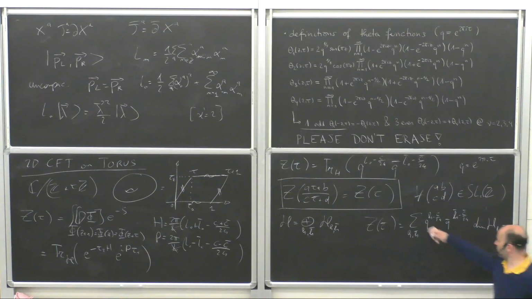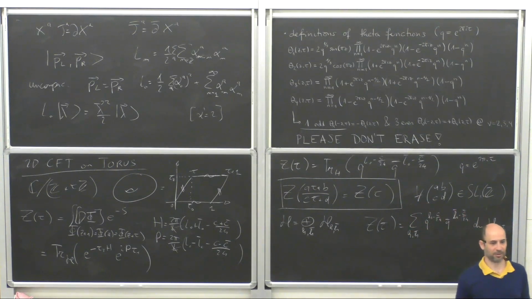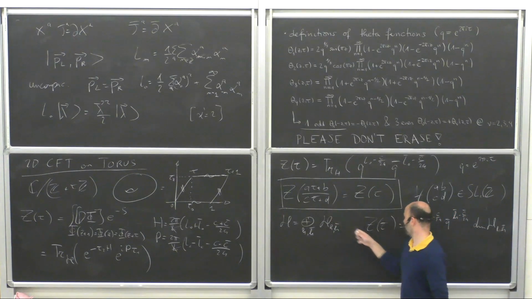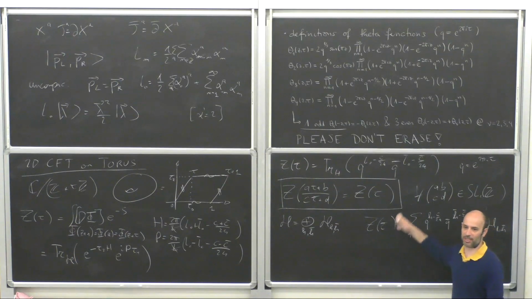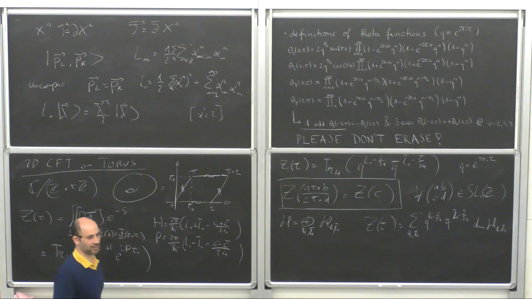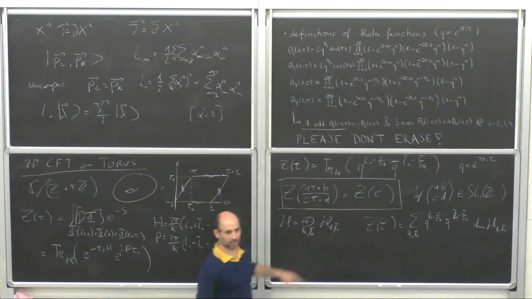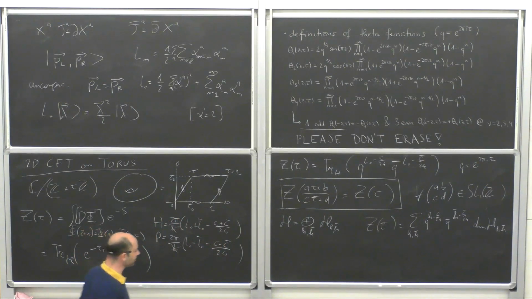So this condition tells you that you cannot just put whatever Hilbert space you want in your conformal field theory. When you give me the data of your CFT, you have to pay attention that the corresponding partition function is modular invariant. Otherwise, you haven't defined a real, consistent CFT. So this is a very strong constraint on the spectrum of your CFT.